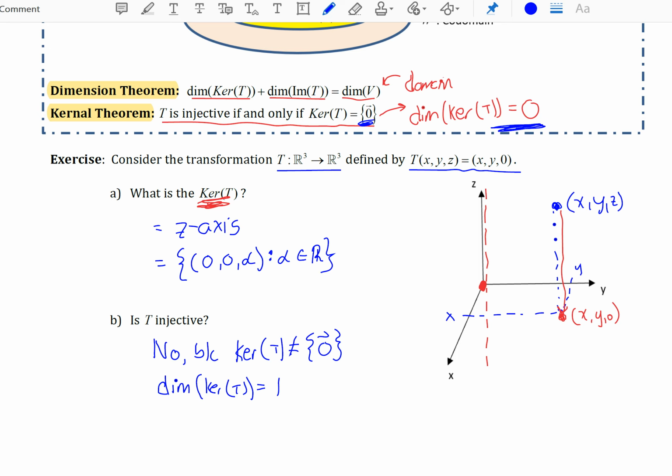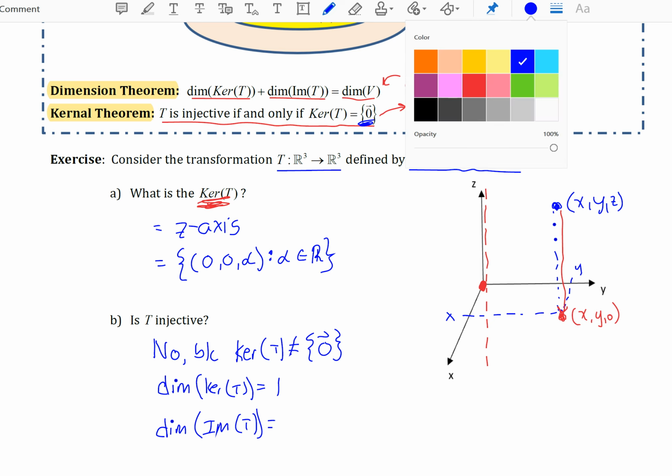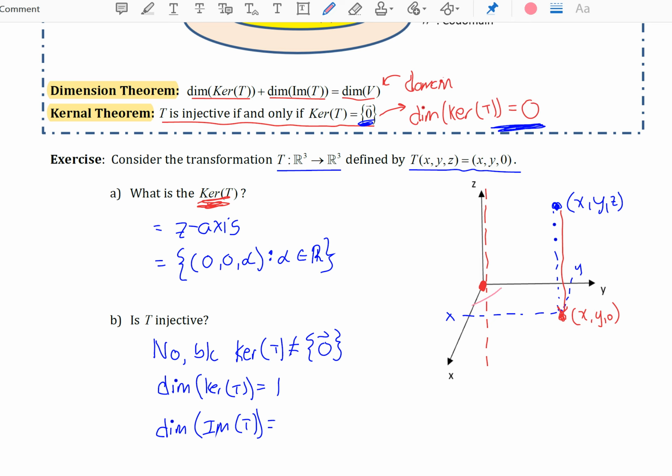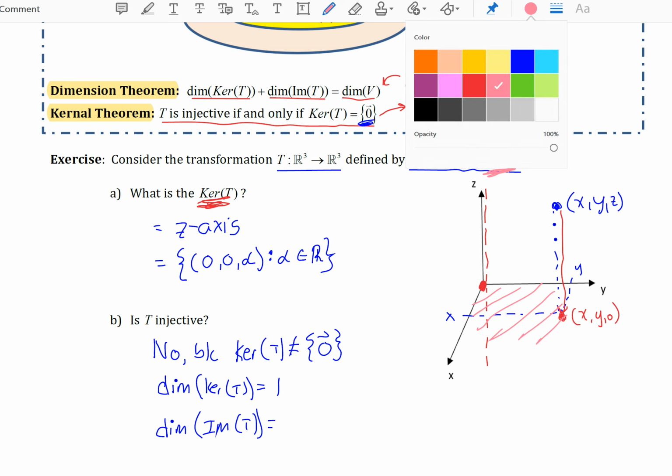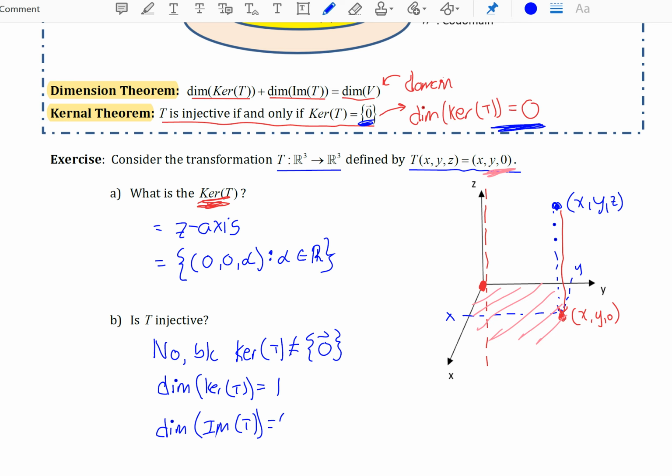Now if I add a little bit of extra to this, I could also apply the dimension theorem. Since we know the dimension of the kernel is equal to 1, we should also be able to refer to the dimension of the image of T. And remember, our image, we've looked at this problem more than once, ends up being the entire xy plane in R3. But it's the xy plane, and this is a two-dimensional image.